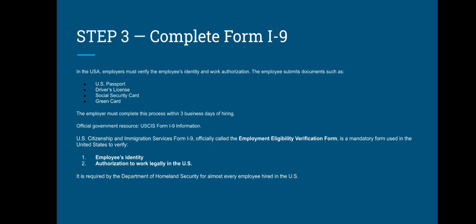Okay, so US Citizenship and Immigration Services Form I-9, officially called the Employment Eligibility Verification Form, is a mandatory form used in the United States to verify employees' identity and authorization to work legally in the US. It is required by the Department of Homeland Security for almost every employee hired in the US.